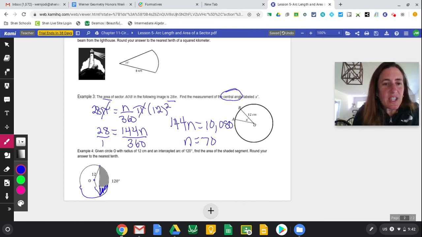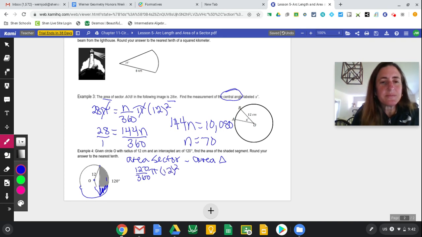Now, if this is 120, I can find the area of this whole sector and then I can subtract out the area of the triangle. Okay, so let's try this. The area of the sector is going to be 120 over 360 times pi times 12 squared.